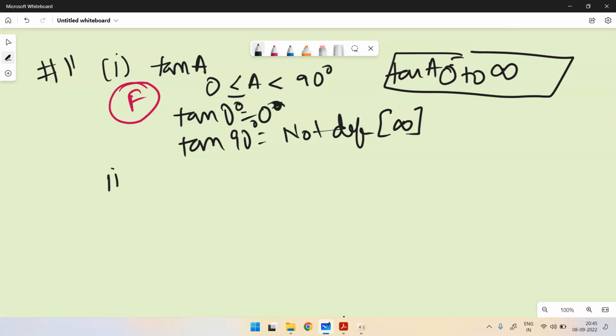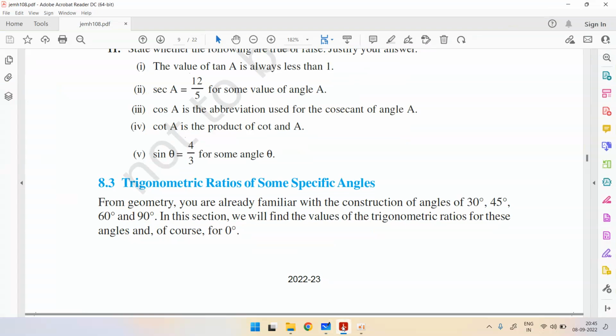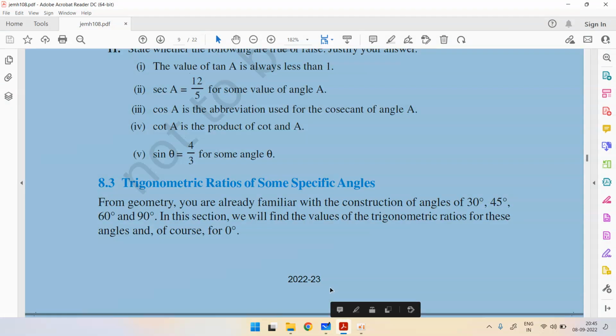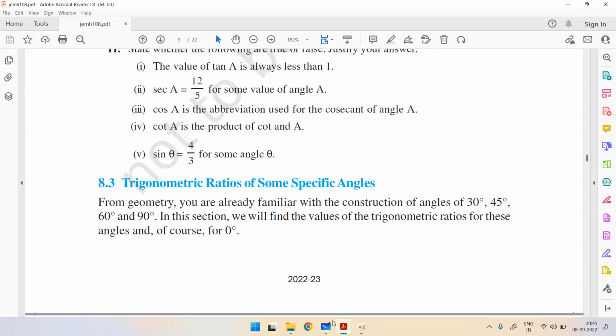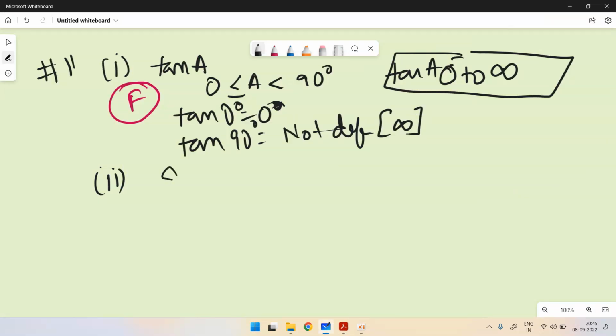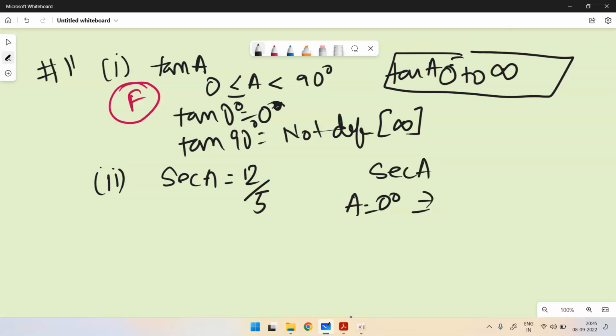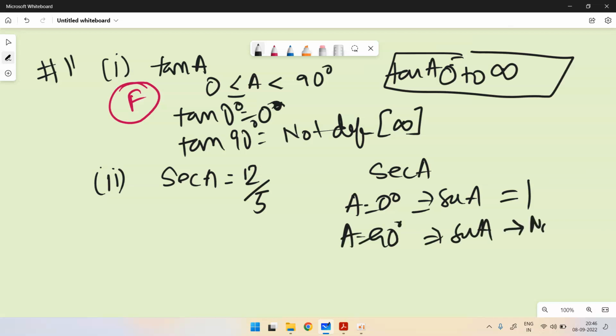Now part 2: sec A is equal to 12 by 5 for some value of angle A. Is it true? You know that sec A for A equal to 0 degree is 1, and for A equal to 90 degree, sec A is not defined, it is infinity.